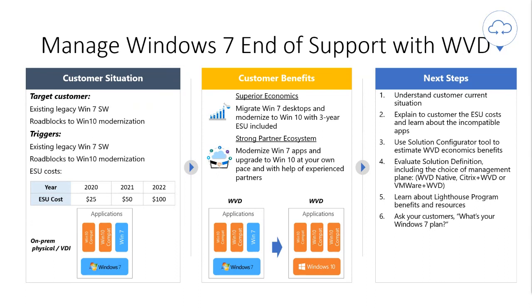The last scenario, and this is a very special scenario, we don't really recommend looking at deploying Windows 7 VDI across all users in your enterprise with WVD unless the core business application can't be moved to Windows 10.